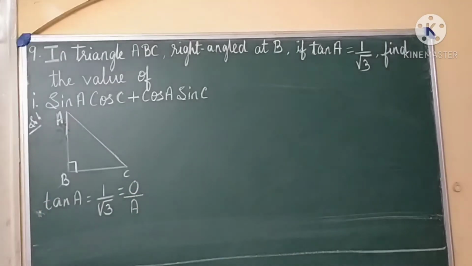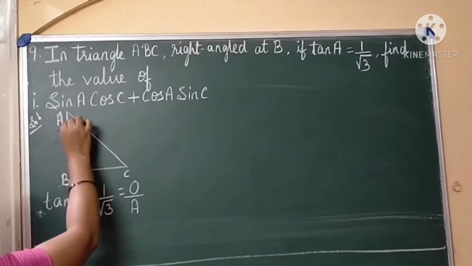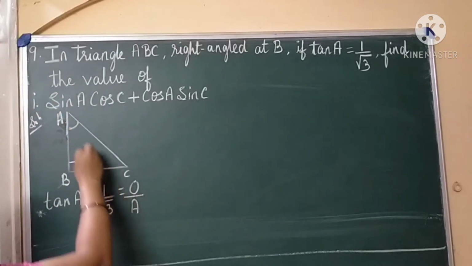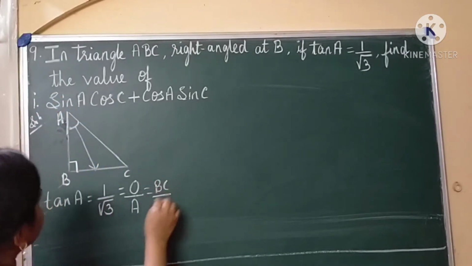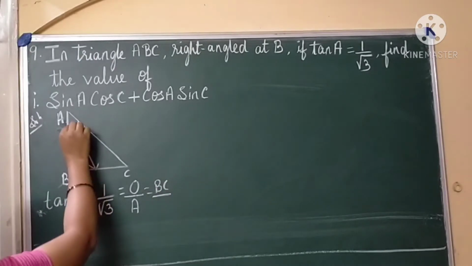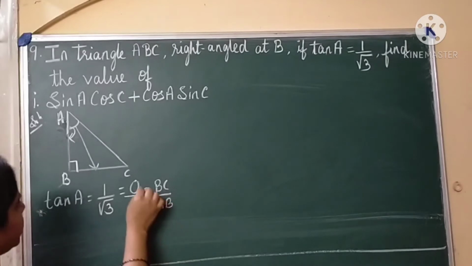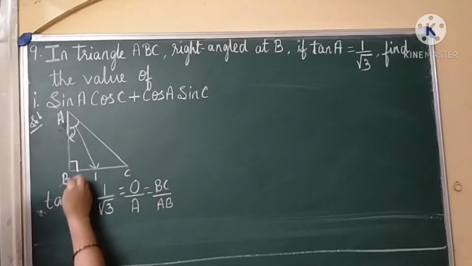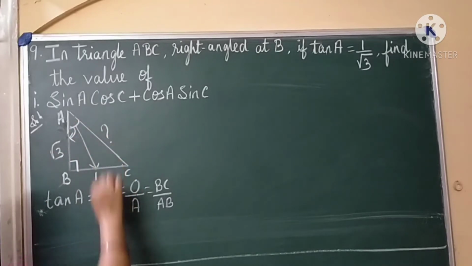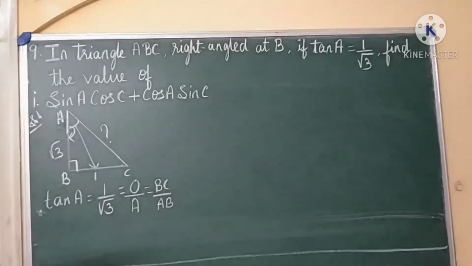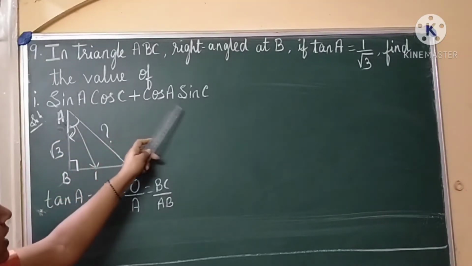With respect to angle A, the opposite side is BC and the adjacent side here is AB. So BC here is 1 and AB is root 3. AC is unknown here, the hypotenuse, the bigger side. Find the value of sin A cos C plus cos A sin C.